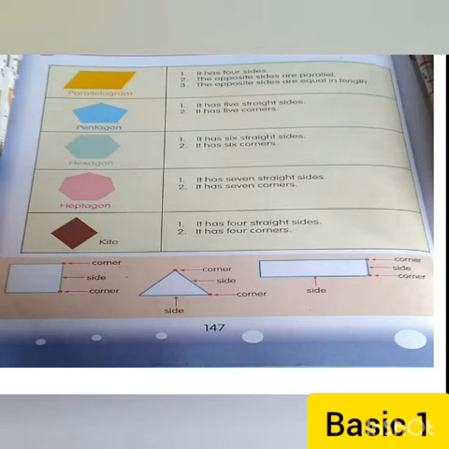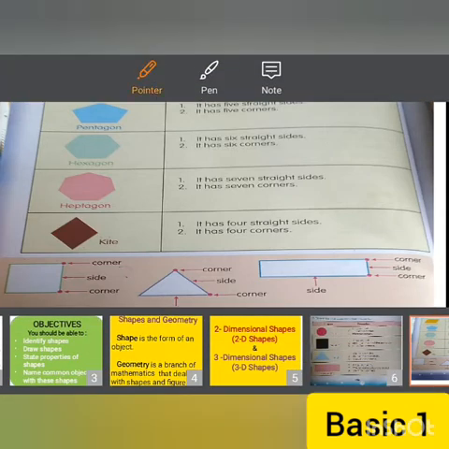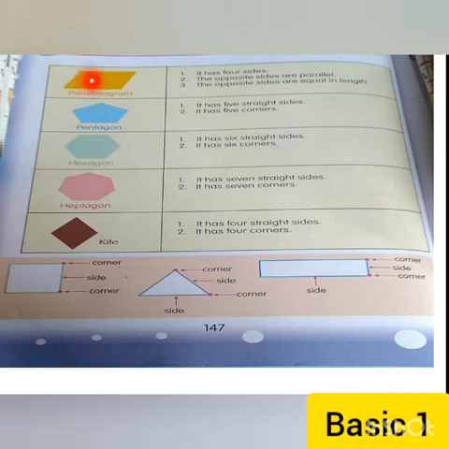There we have the first one, parallelogram. It has 4 sides. The opposite sides are parallel. What do you mean by parallel? Parallel are lines that can never meet. Here, this side is opposite to the up side.